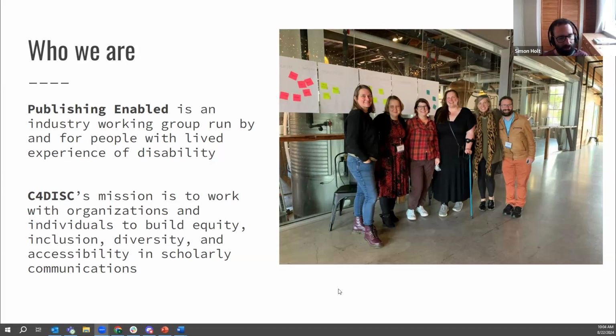We work together with an organization called C4DISC, which is a joint organization made up of various industry groups such as ALPSP, the Society for Scholarly Publishing, and the Association of American Publishers. I think there's 10 or 12 associations altogether, aimed at campaigning and putting into place best practice guidelines to increase equity within scholarly communications.